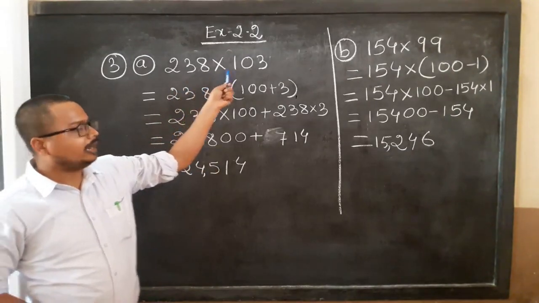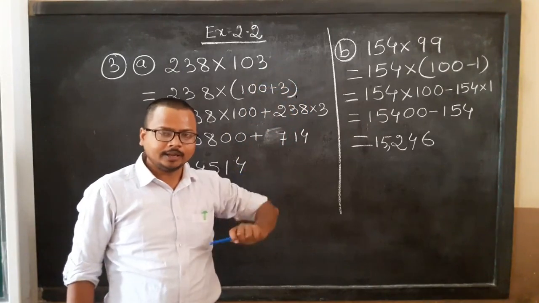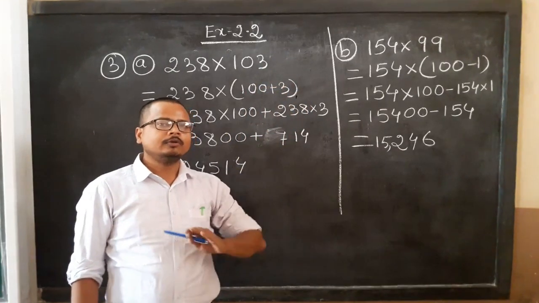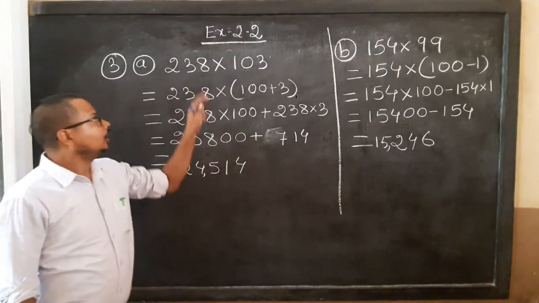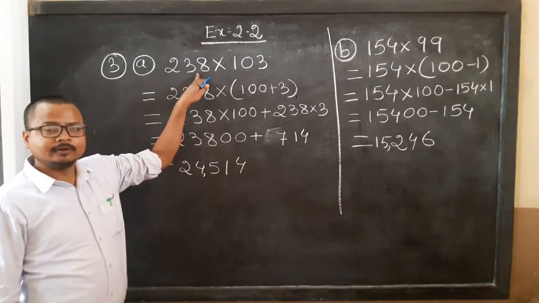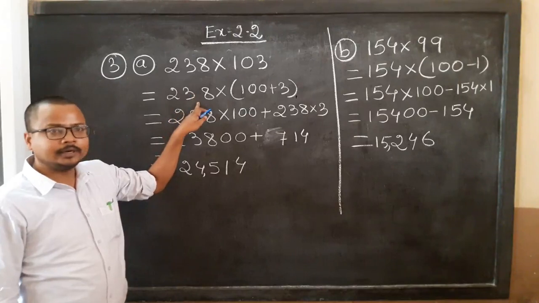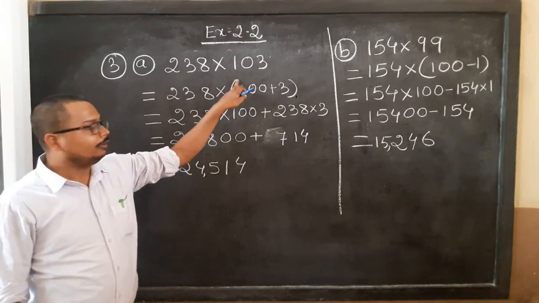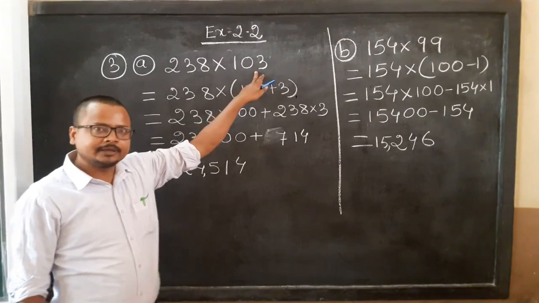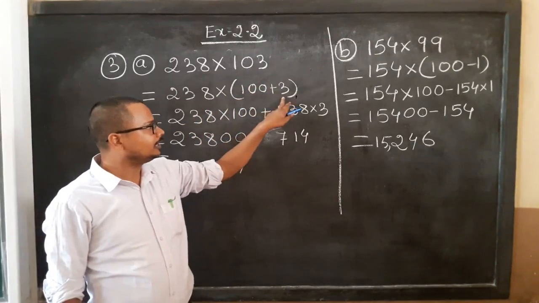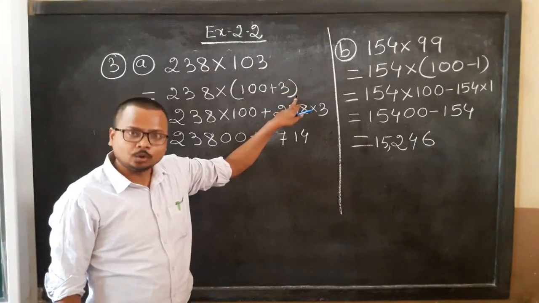238 multiplied by 103. Okay, now what we will do, we will use the distributive property. How? 238 we will write it as it is. 238 into, we will open the bracket, and this 103 can be written as 100 plus 3 and then bracket closed.